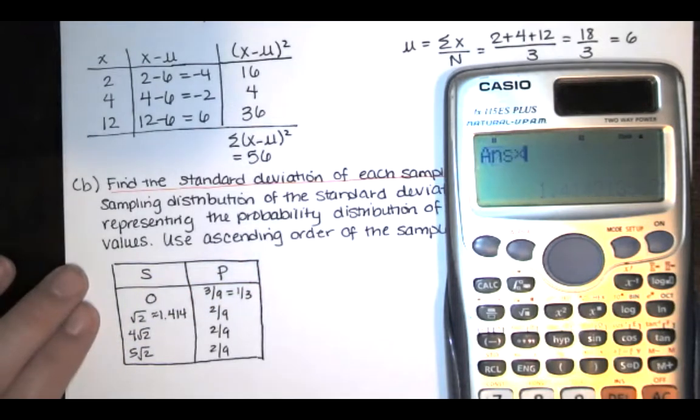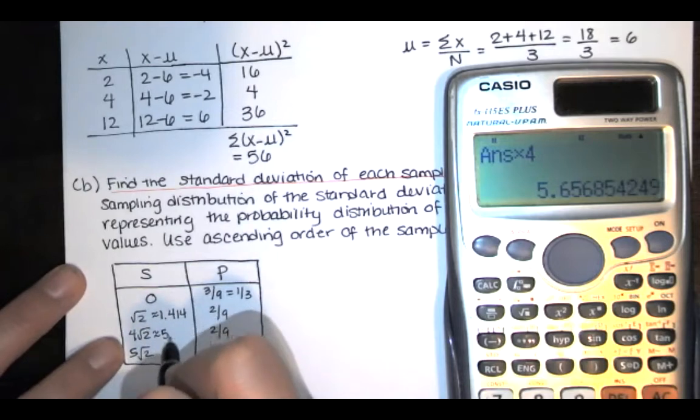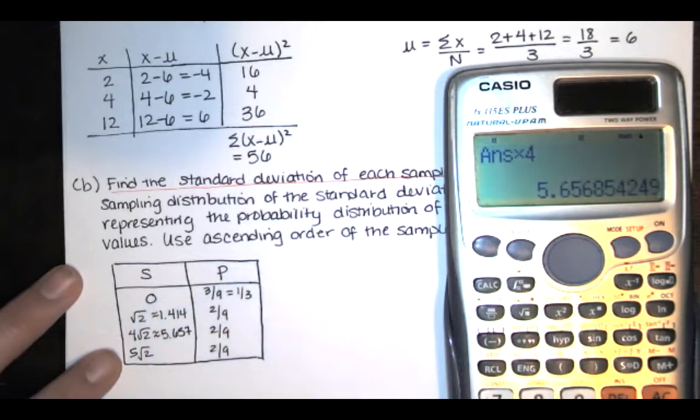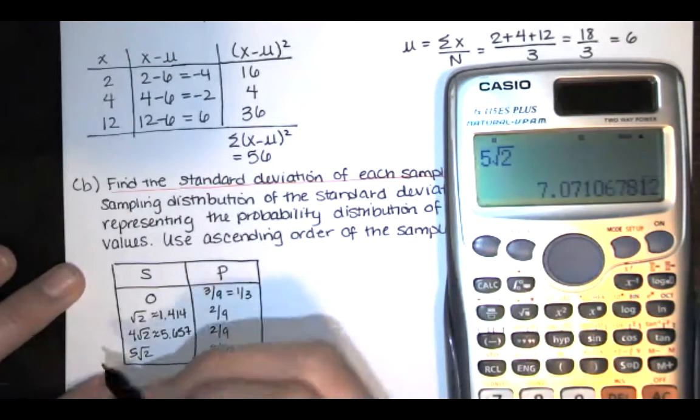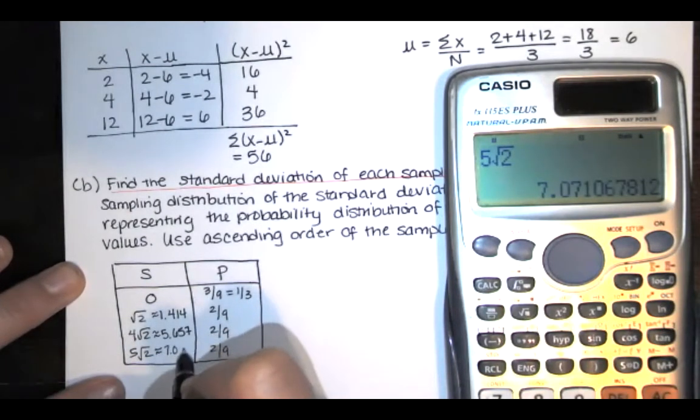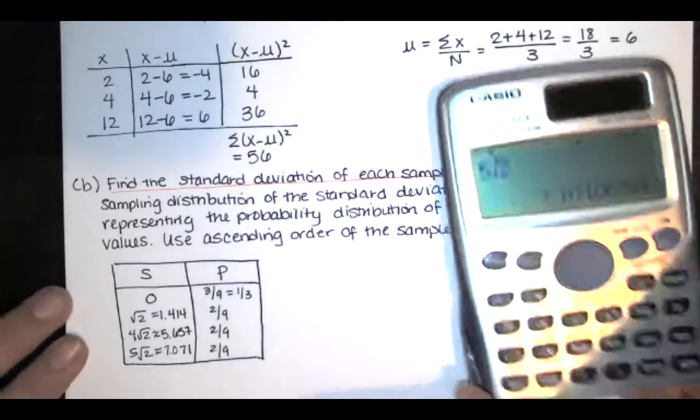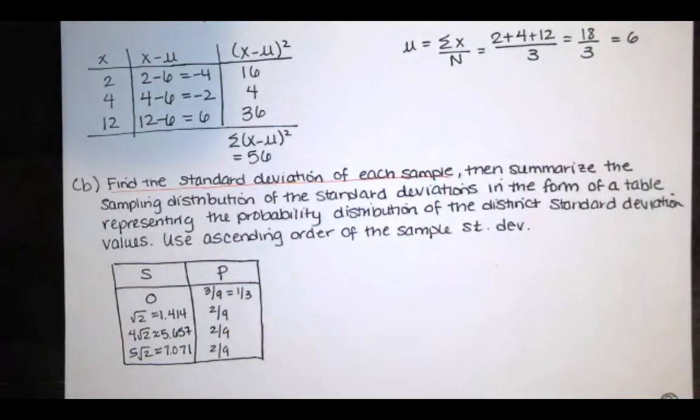And I want 4 times that for this guy down here. That's approximately 5.657 when I round to 3 decimal places. And then I want 5 times the square root of 2 for the last one, which is approximately 7.071. Okay, cool. Let's go back over here.